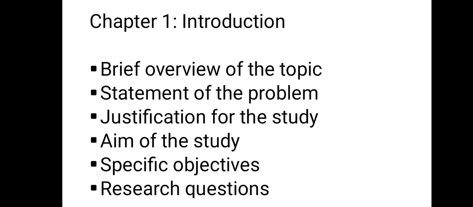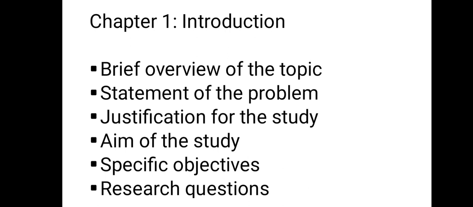Then after the justification, you have to state the aim of the study. Every study has an aim. That aim serves as a direction towards which the thesis is going. That has to be defined at the onset of the thesis.